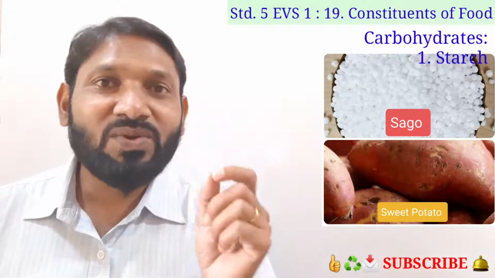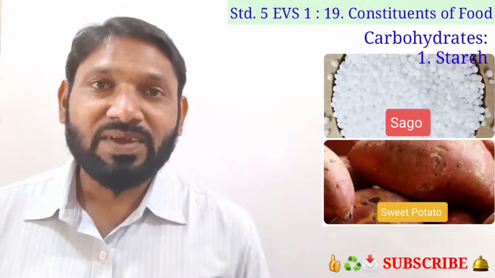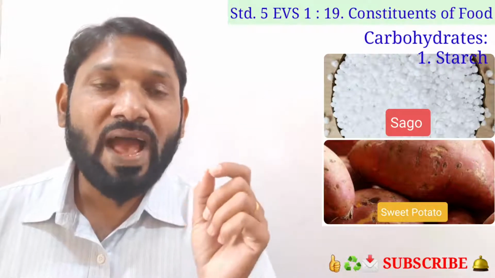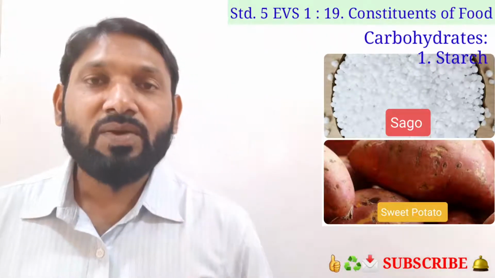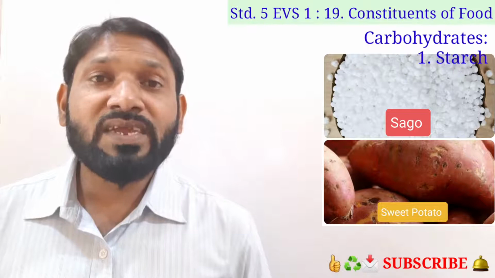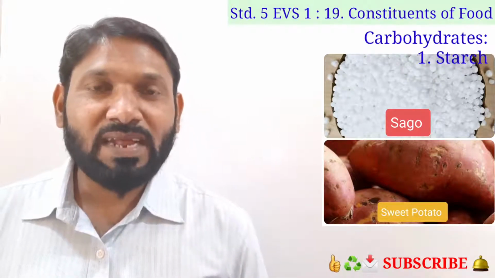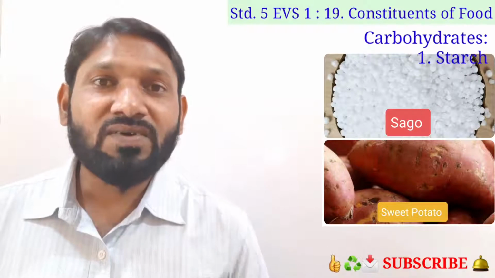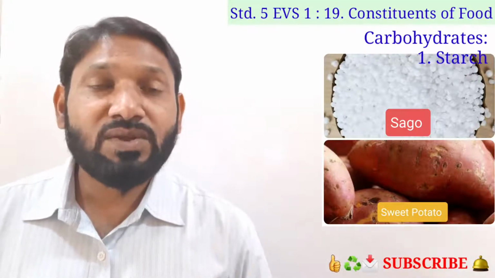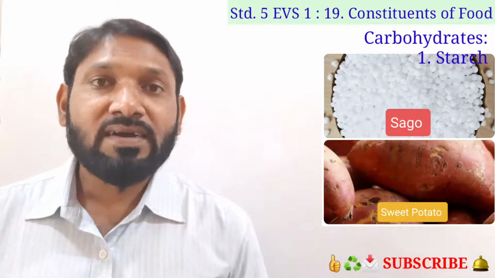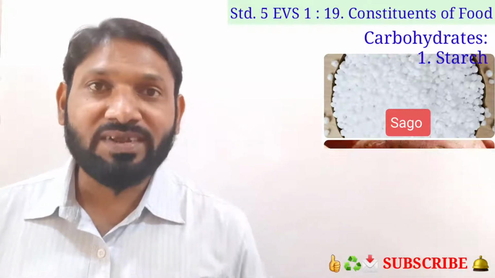It is mostly known as sabudana. So sabudana, or sago, has starch too. As well, we eat sweet potato, most of the time on a fast. Sweet potato also has starch in a large quantity.